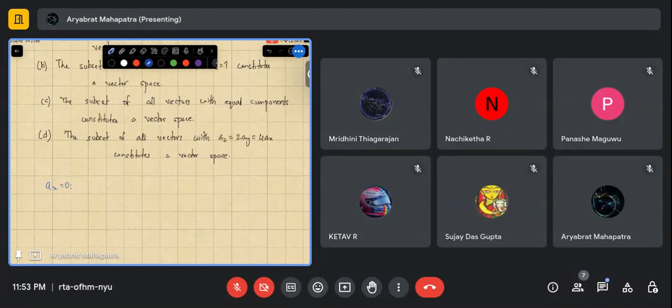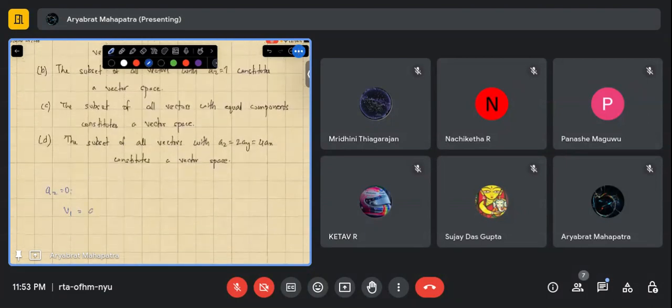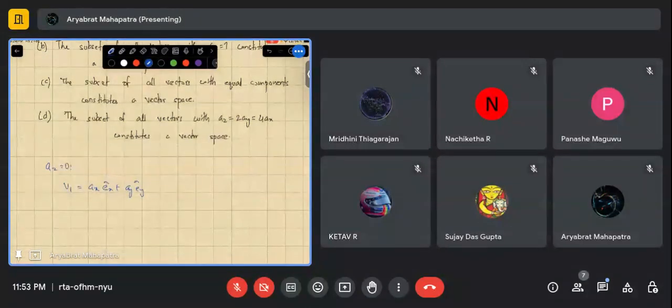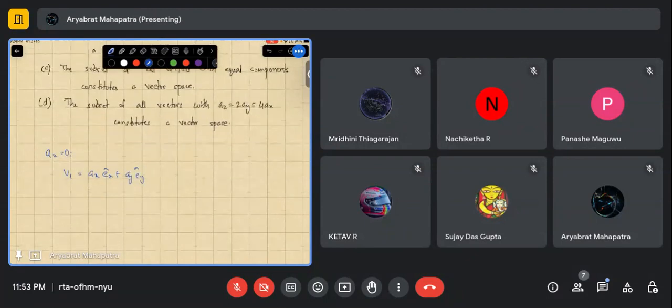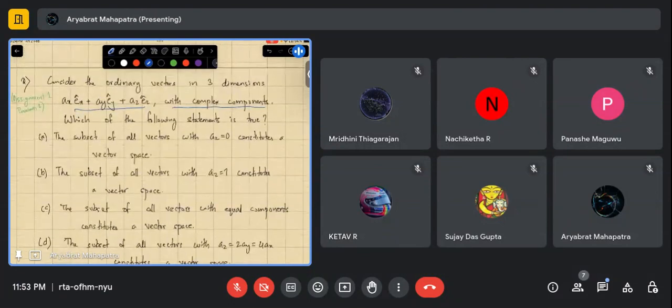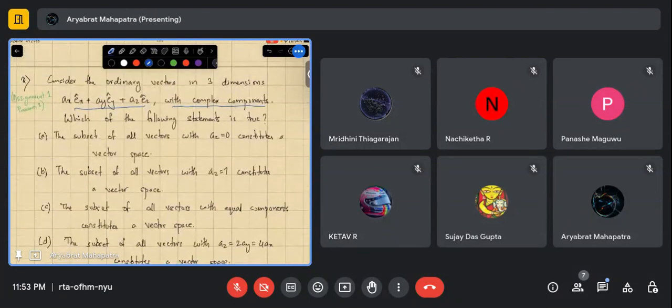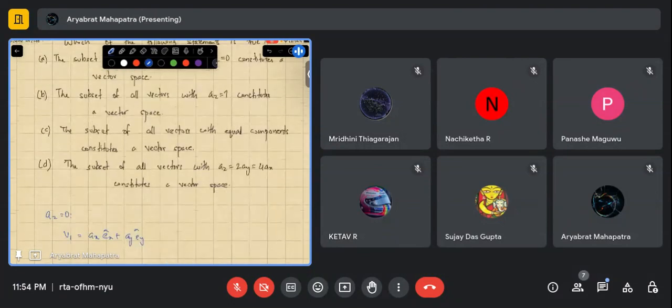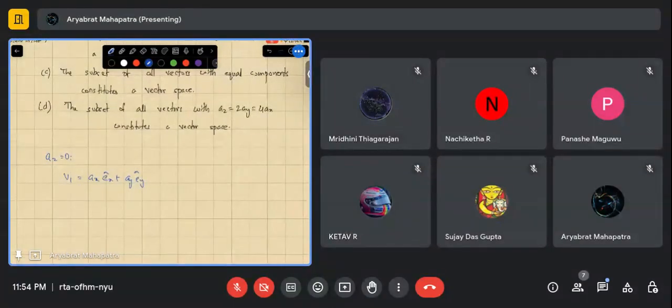So let's say we will take v1 to be some x that is basically given. What was the statement? Oh, okay. So now our vector has these two components.